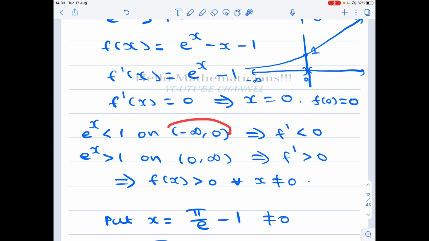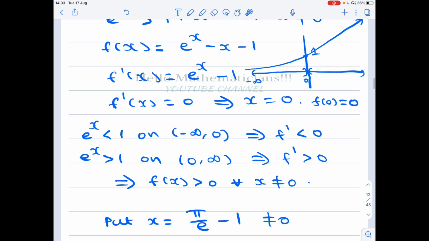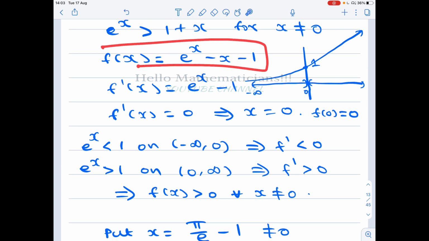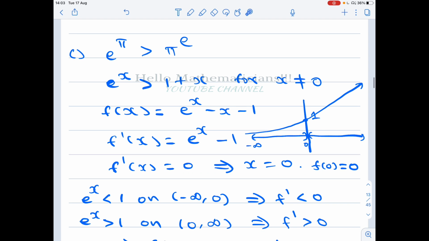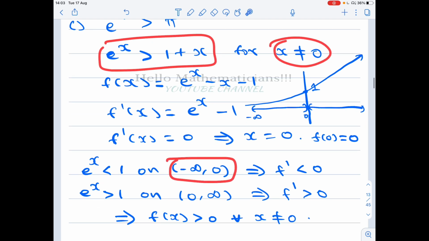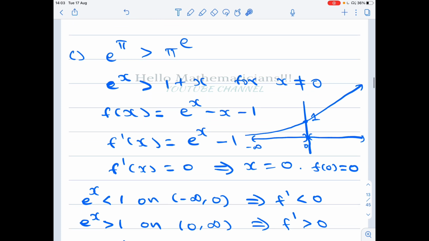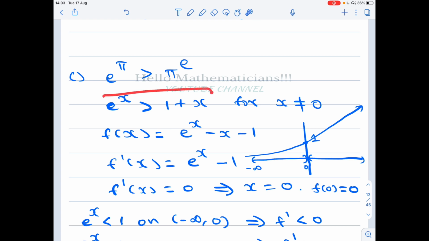From positive values, it decreases to 0, and once it is 0, it starts increasing on open 0 comma infinity. Basically, this function is a non-negative function. Therefore this inequality holds true whenever x is not equal to 0. Note that this is an open interval, so at 0 the derivative is 0. So this inequality is proved for x not equal to 0.